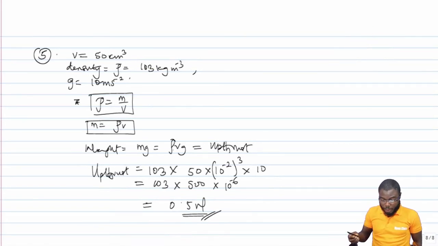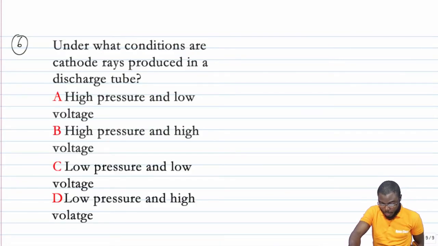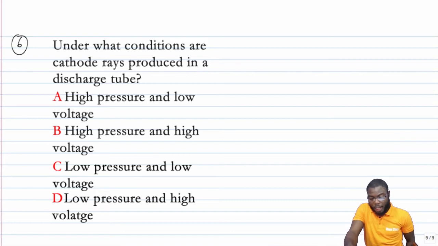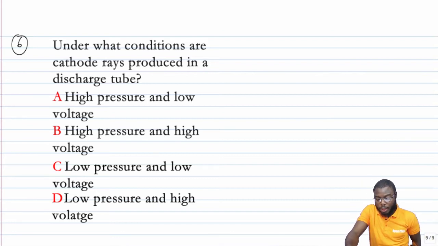So you have question number 6 now. Under what condition are cathode rays produced in a discharge tube?